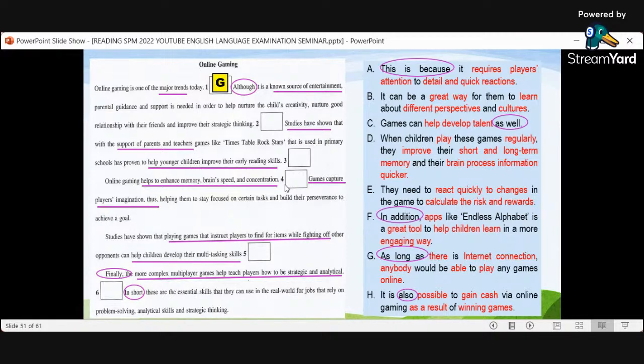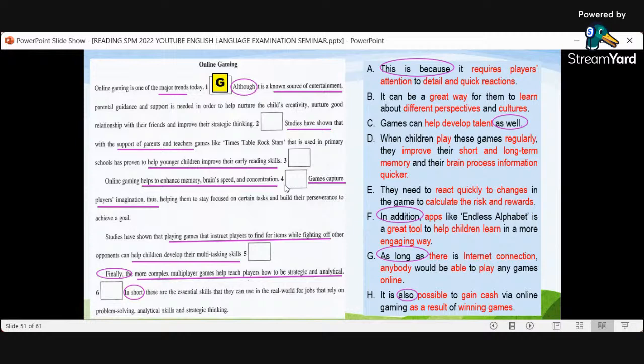Then when I look at number 2, I don't know if you can see, it's very small, I know. You have the sentence before that about nurtures the child's creativity and nurture good relationship with their friends and improve their strategic thinking. Then you have studies have shown.